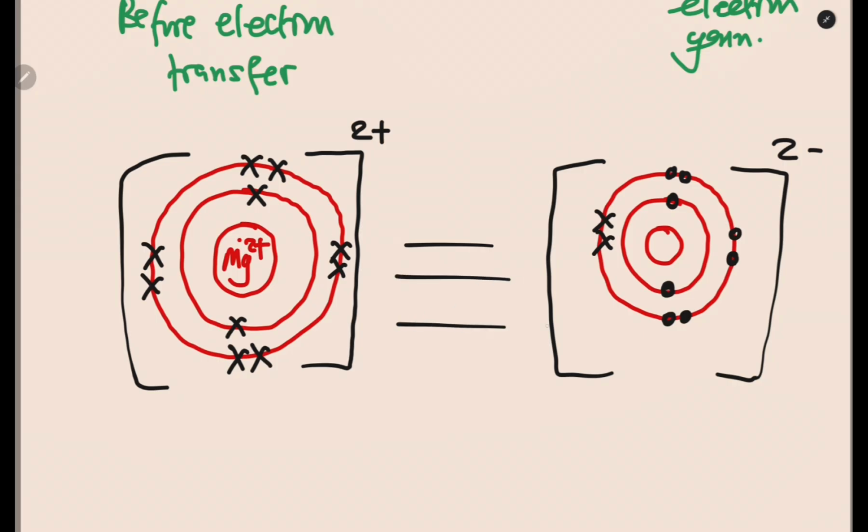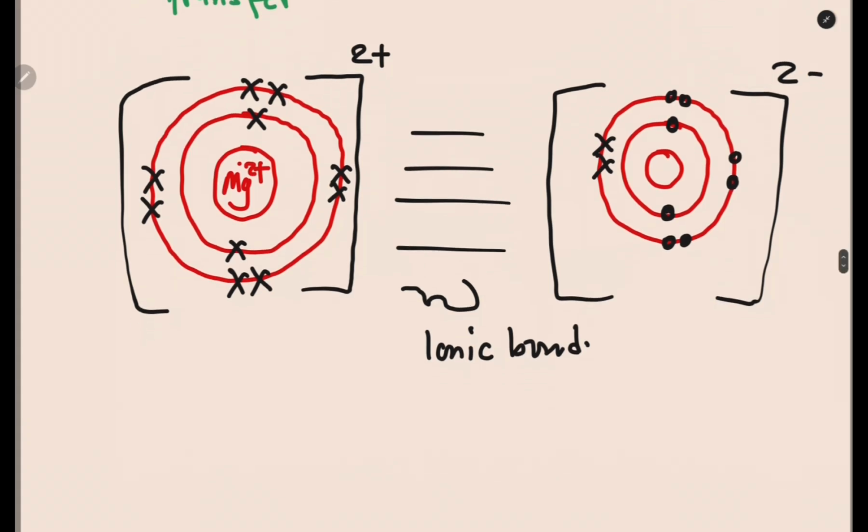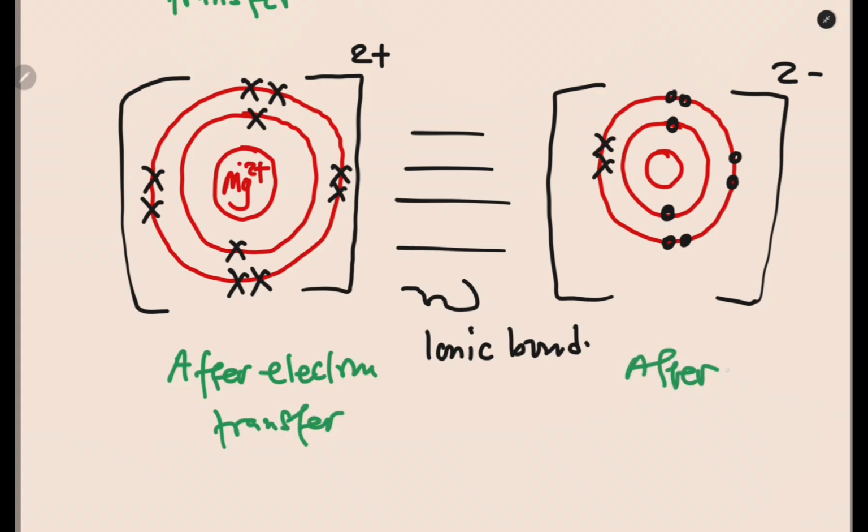Then in the middle, I can put these lines showing ionic bond. So this is after electron transfer. This is after electron gain.